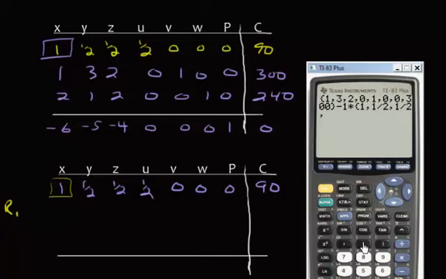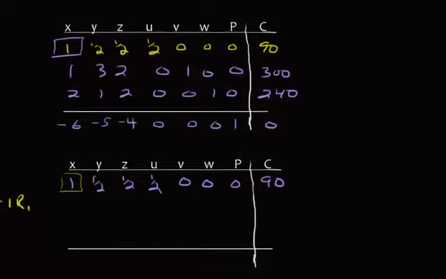So a bunch of 1/2s, zeros, and then 90. Okay, we're going to close that off, press enter, change them to fractions, and there we go. So this is my new row 2 that I have right here. All right, so let me take this off screen and I'll put in our new row.